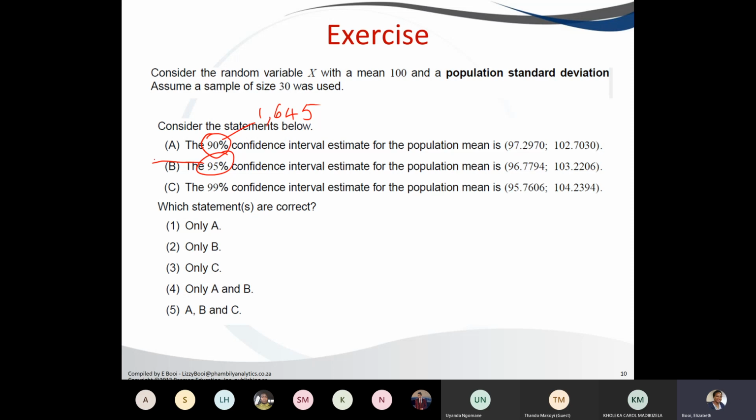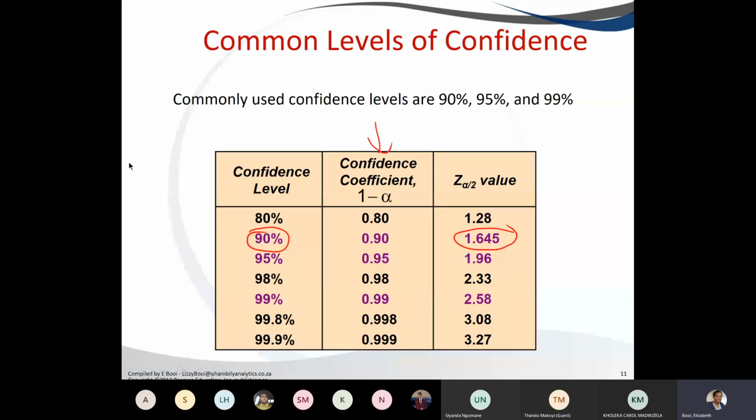Since we know this one is 1.96. And for the 99%, your critical value will be 2.58. You can calculate that and go find it on the critical table, but sometimes it's easy if you know them. The more you use them, the more you will know what the values are. Usually, the most used value is the 95%. So it means you will always constantly use 1.96.